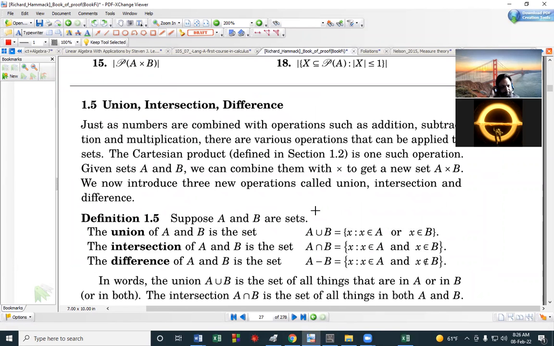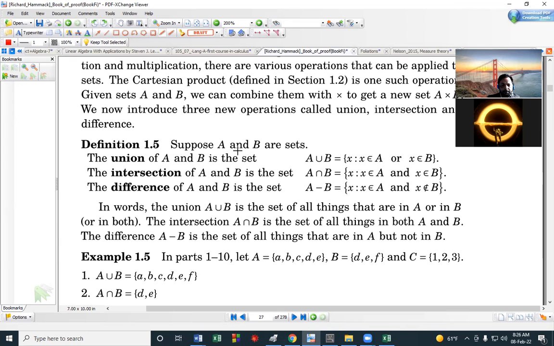So let's talk about union, intersection, and differences of sets today. If you have two sets, A and B, then their union is defined to be the set of the elements that are either in A or in B. So here this or means, if an element is in the set A, then it is in the union.